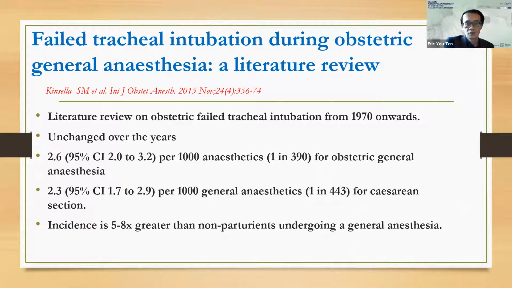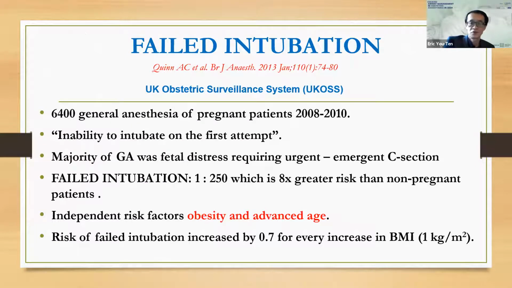I won't go too much into detail on this. Mary mentioned that failed intubation in the obstetric population, in one of the classic studies by Kinsella and group, was about 5 to 8 times greater in the pregnant population. This is further corroborated by the Quinn study again in 2013, that the risk of failed intubation in this patient is about 8 times greater. And the risk factors were obesity and advanced age.